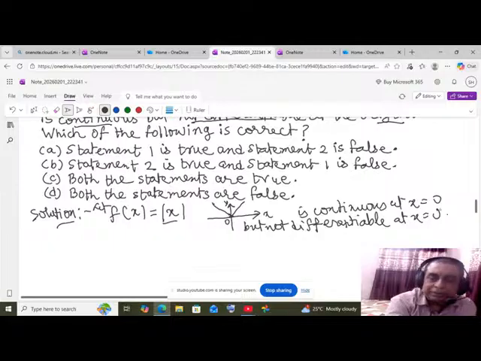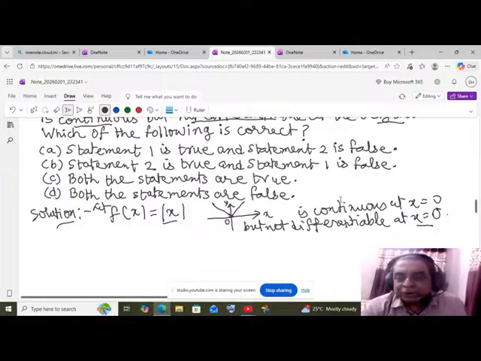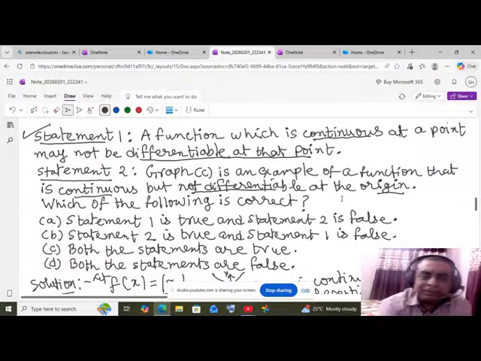So a function can be continuous at a point, but may not be differentiable at that point. It is true. That is what statement 1 is saying. Now the statement number 2.